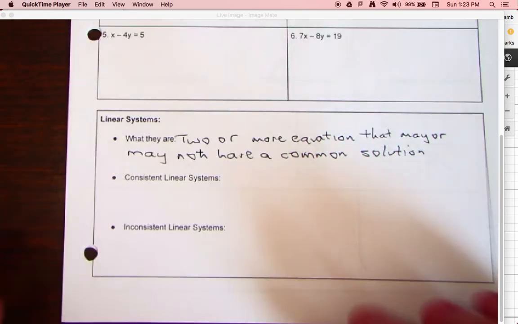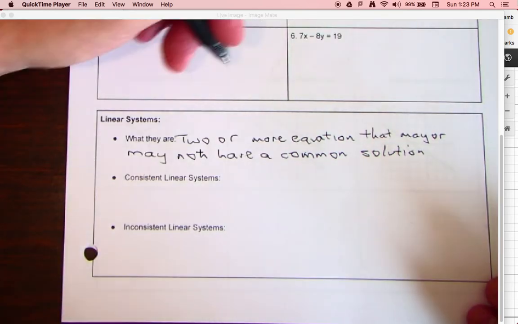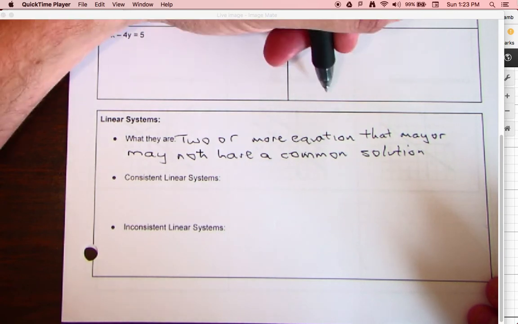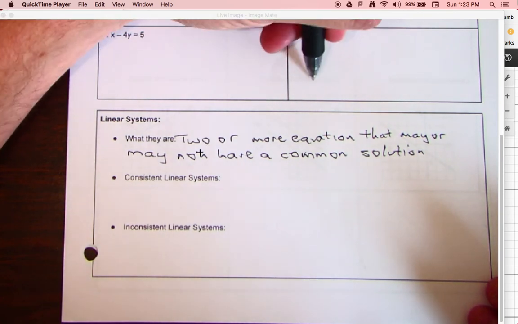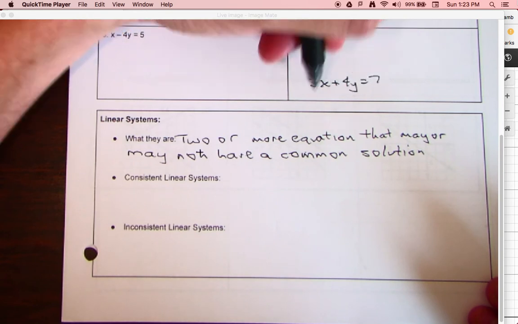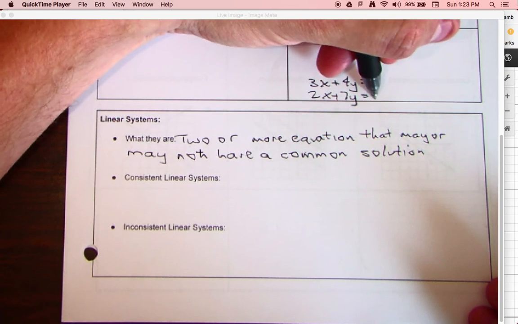Okay, so what are we talking about? First of all, we're talking about a common solution. If I were to give you a system of linear equations, you don't have to write this down, this is just for an example. Let's say 3x plus 4y equals 7 and 2x plus 7y equals 10.